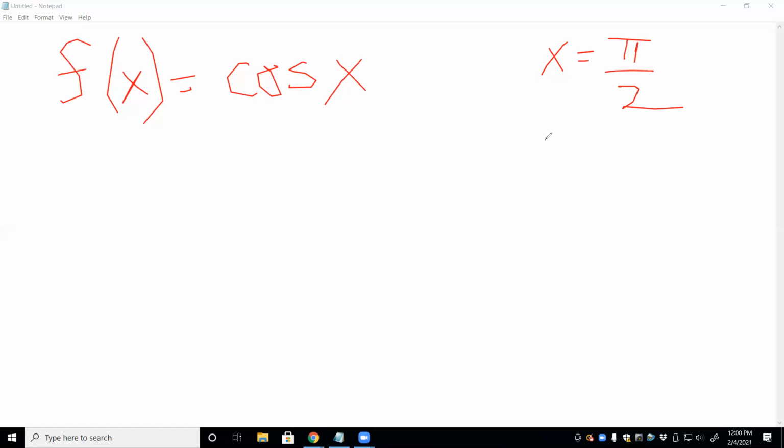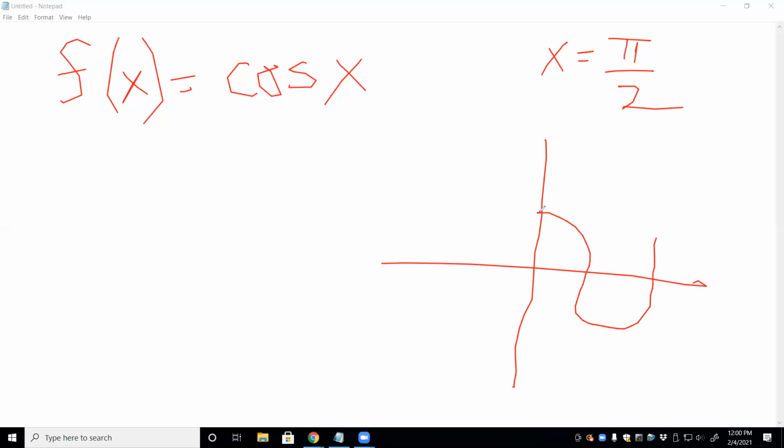Okay, well let's draw this curve. And pi over 2 is right there. And that is y equals cosine x. I haven't quite drawn it accurately enough. Let me draw it again.